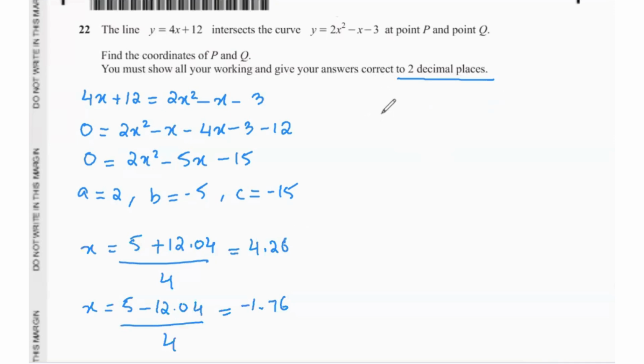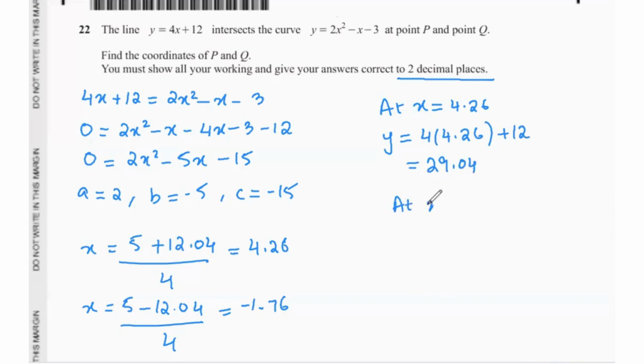To find the corresponding y values, at x equals 4.26, y is 4 times 4.26 plus 12. The reason I chose the linear equation to find the y value is because the calculation is much simpler than substituting into the quadratic equation. So 4 times 4.26 plus 12 is 29.04.